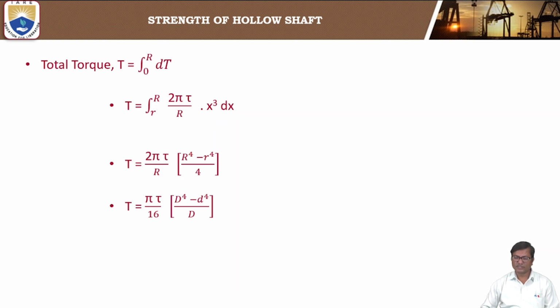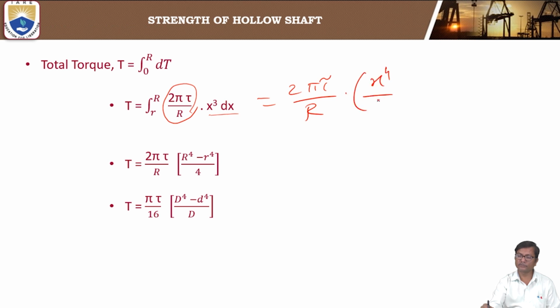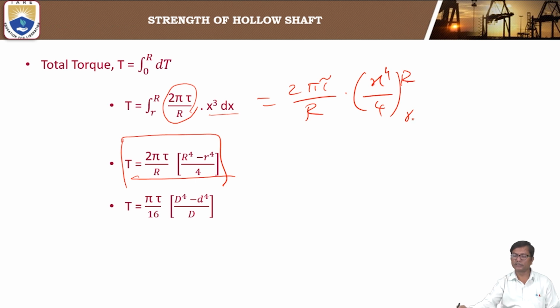So the integral of 2 pi tau by R into x cube dx. Here 2 pi tau by R is a constant, so we can take it out, and the integral of x cube dx is x power 4 by 4. So this is 2 pi tau by R into x power 4 by 4 between the limits small r to capital R. Substituting R for x, we get R power 4 by 4 minus small r power 4 by 4.